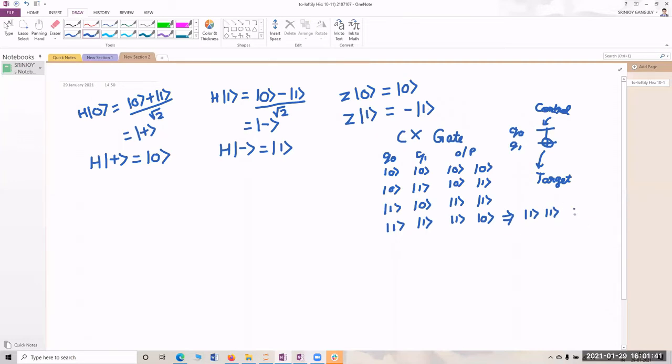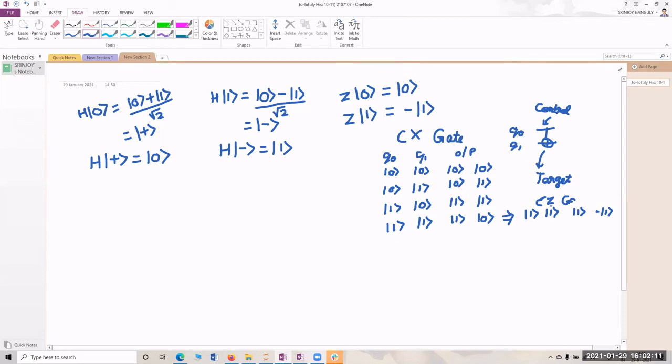So the first qubit will be 1 and the second qubit will be -1. So this is the CZ gate. The rest remains the same. So you get the idea, I hope.